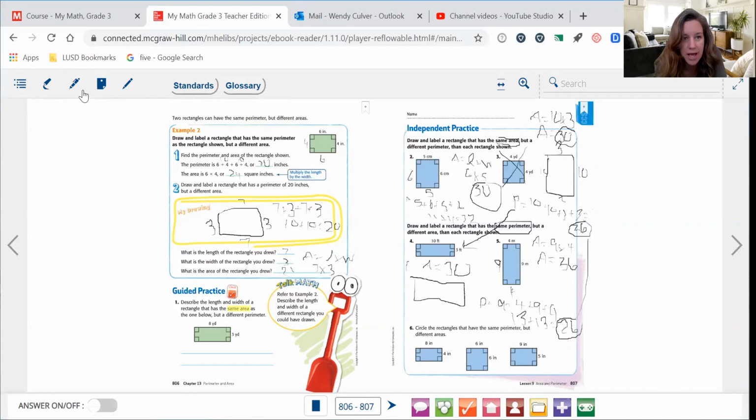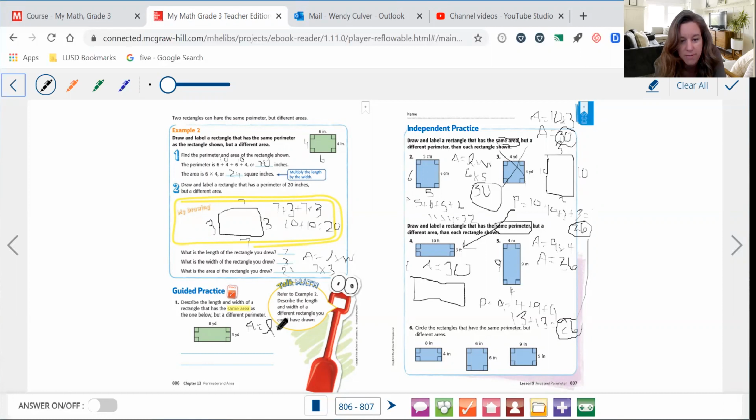So I'm going to go ahead and calculate the area of this rectangle. Remember, my crazy looking pencil here is doing its best. The area of any rectangle is found by doing the length, that's cursive L, times the width, that's a W. So the length of this rectangle is 8, and the width is 3.